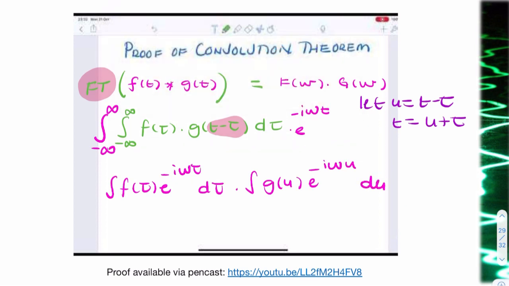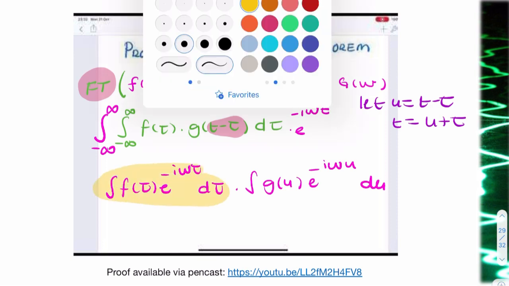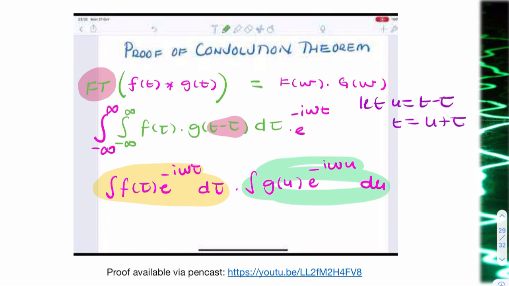Now if you look carefully, what we have is the product of two integrals, each of which is a Fourier transform. So that looks like a Fourier transform, and that looks like a Fourier transform. Just look at that. So it's clear that we have F of omega here, and we have G of omega here.